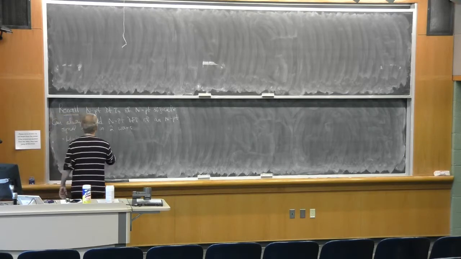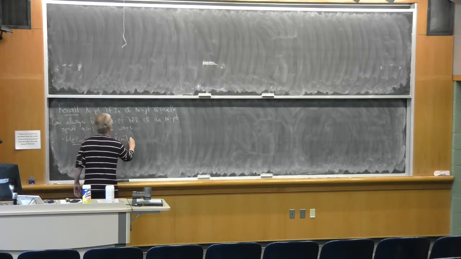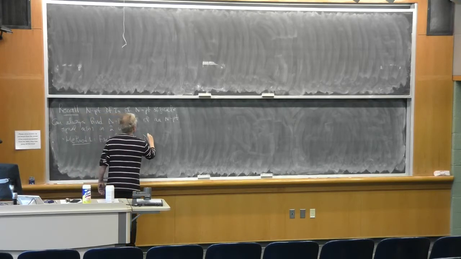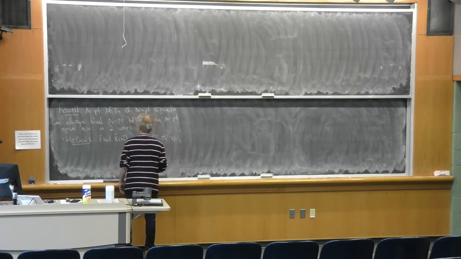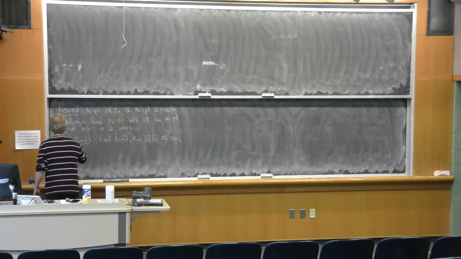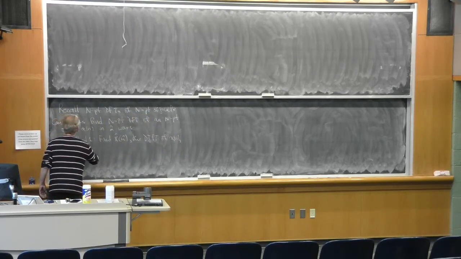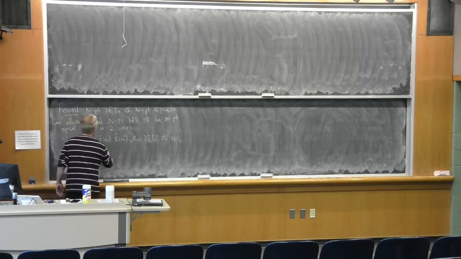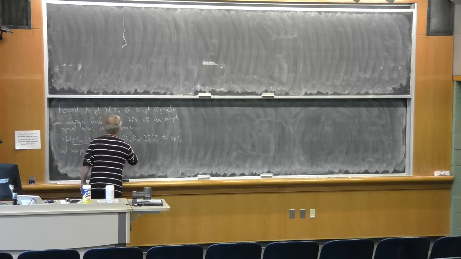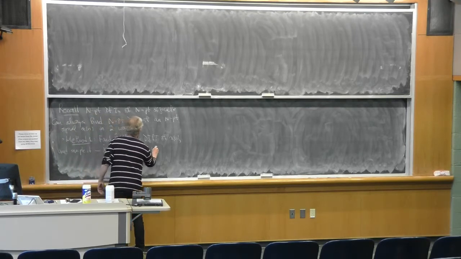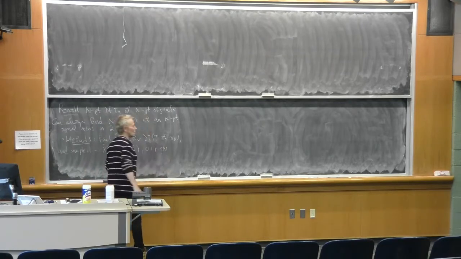It's not the way a computer does it. Find x hat of omega hat, the DTFT of x of n, and sample it. So you get x hat of k equals x hat of k 2 pi over n for k running over the range 0 through n minus 1.